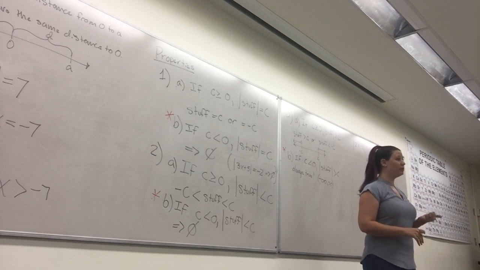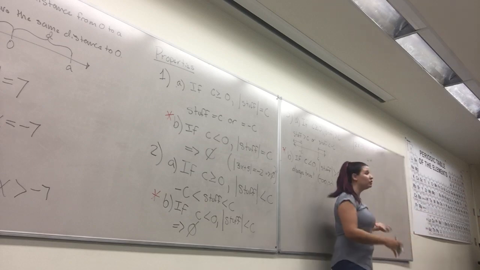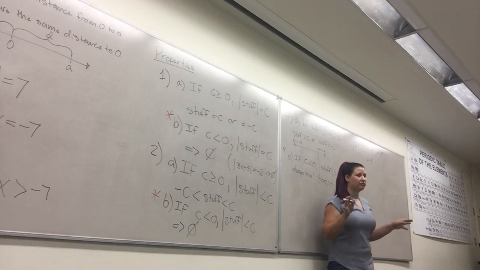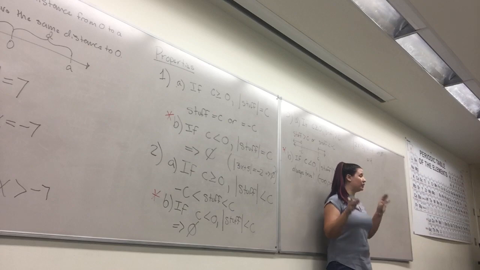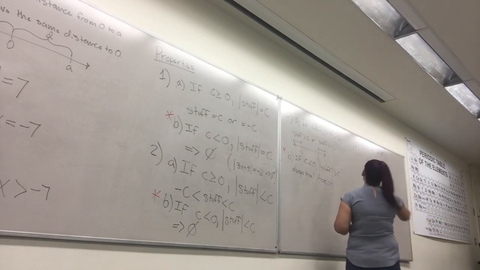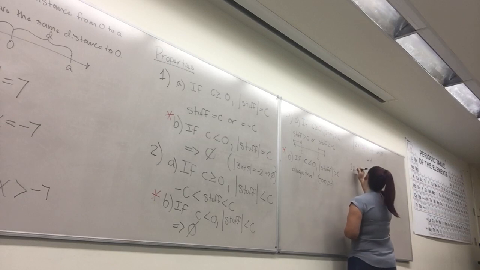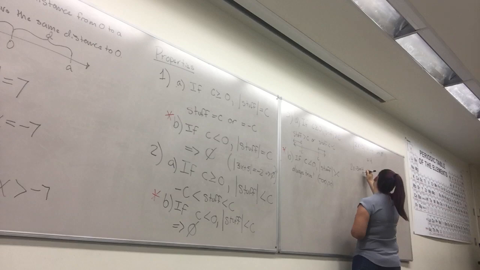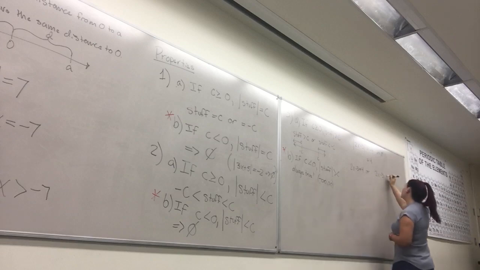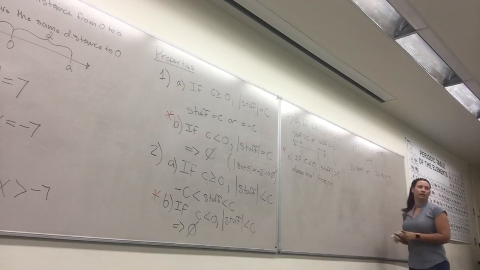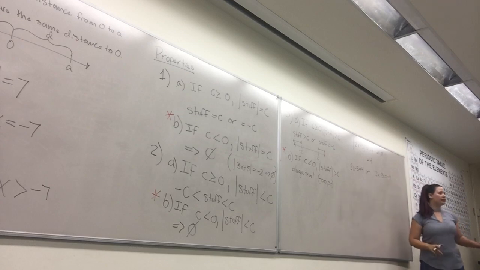The first step, our absolute value is on its own. Good, okay. Next step, get rid of the absolute value by doing the positive and then the negative version, okay? So we have 2x minus 3 equals 4, or we have 2x minus 3 equals negative 4, okay?